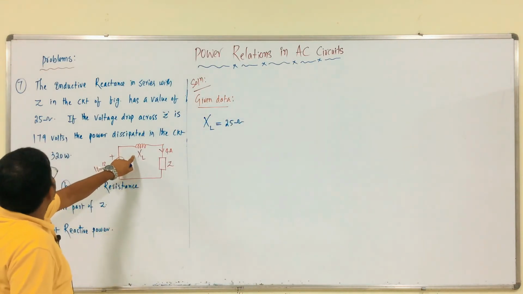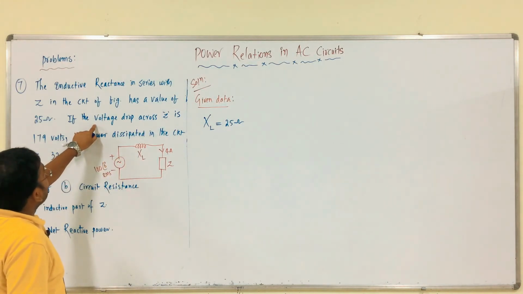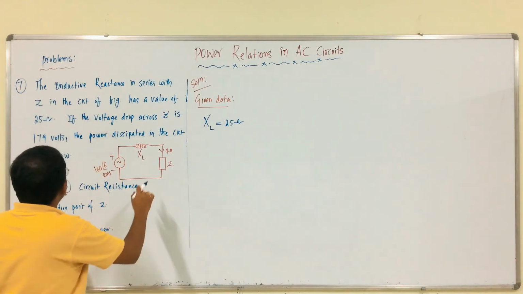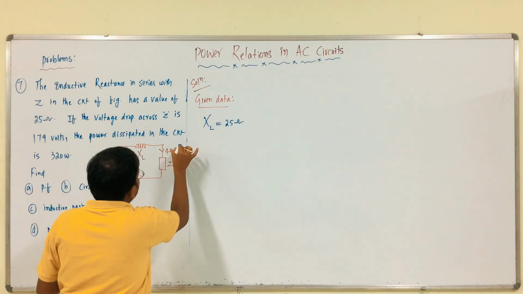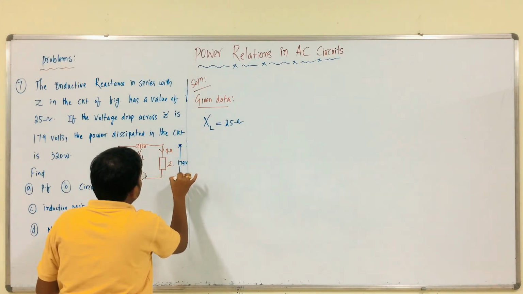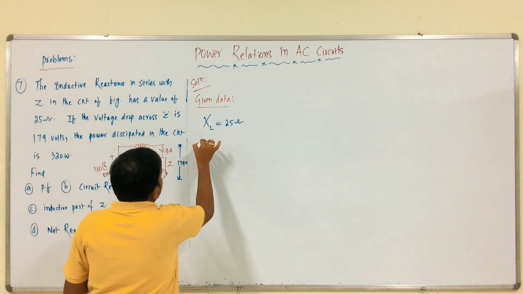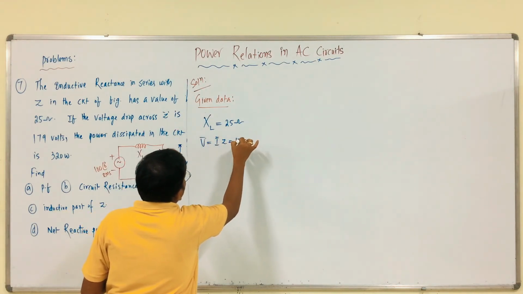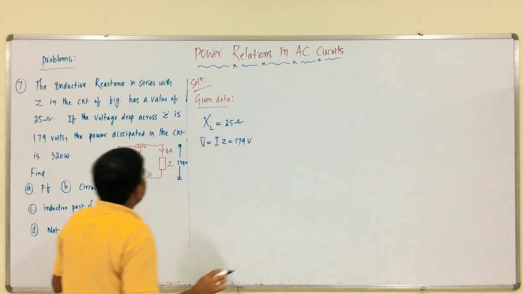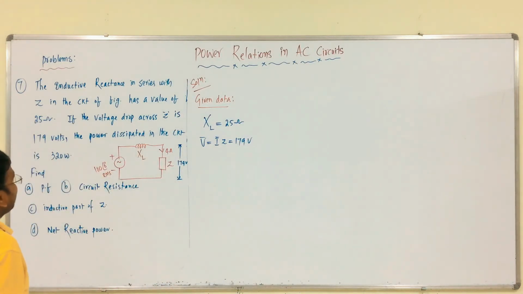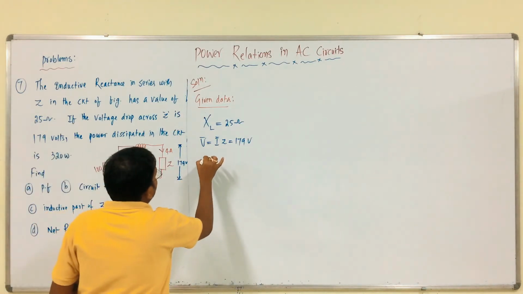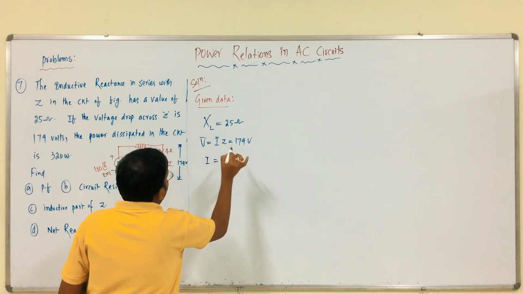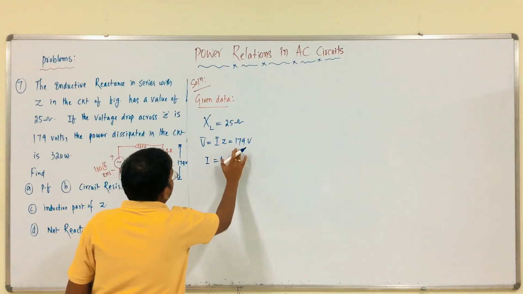If the voltage drop across Z is 179 volts, that is V is equal to I Z, which is equal to 179 volts. Clear? And given I is 4 amps, 4 at an angle 0.